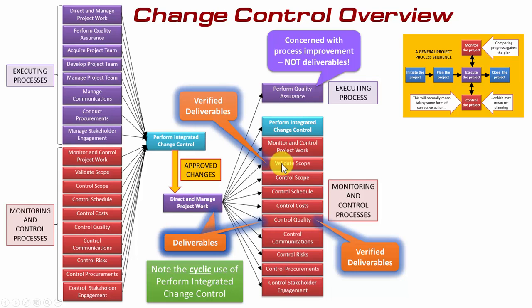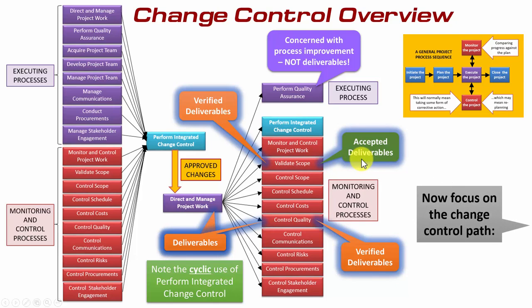Well, unlike perform quality assurance, which is there to confirm correctness, validate scope, by way of contrast, is mainly concerned with the acceptance of the product by either the project manager, the project sponsor, the customer, or maybe other appropriate managers. So validate scope ensures that the product, service or result of the project matches the documented scope. And the main output from validate scope is the accepted deliverables.